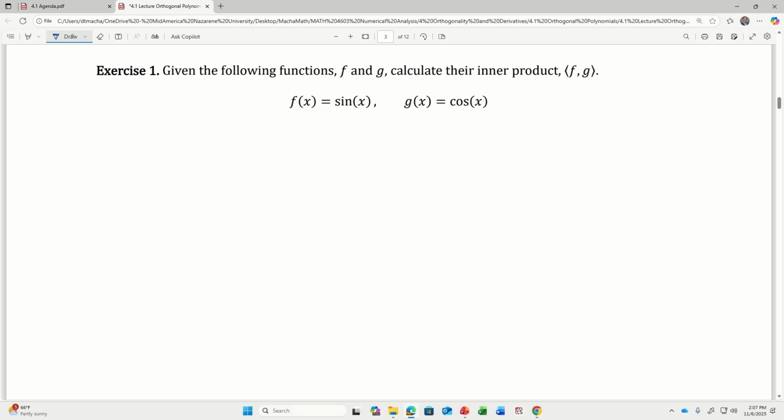All right, new functions. We're going to calculate the inner product of these guys. Here's the inner product of f and g. It's the integral from -1 to 1 of sine times cosine.